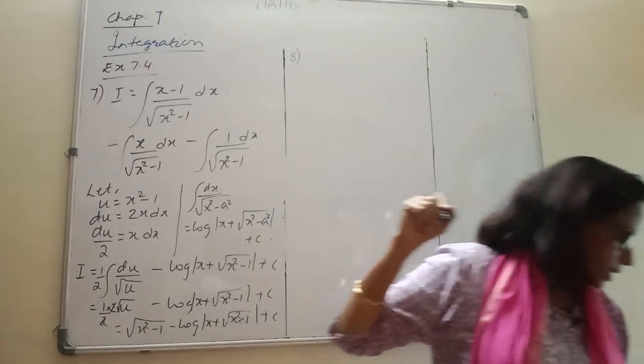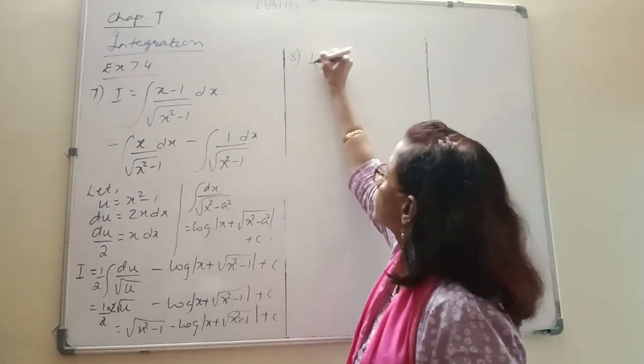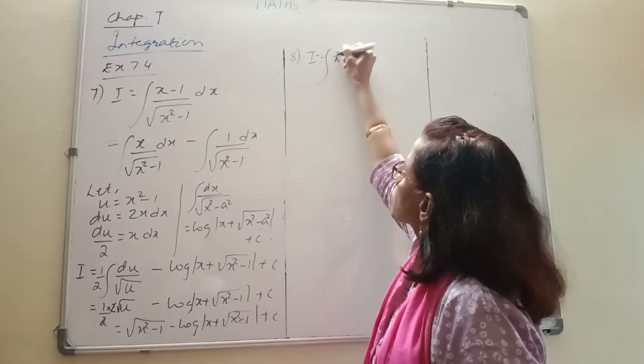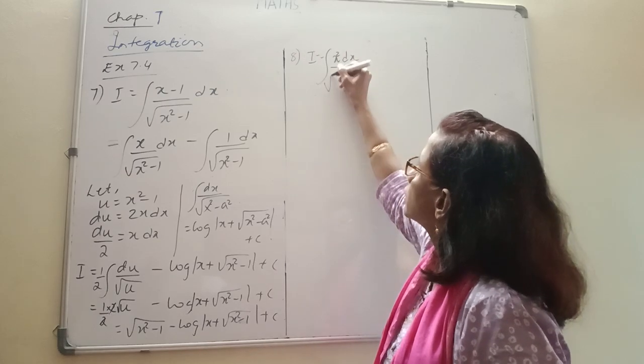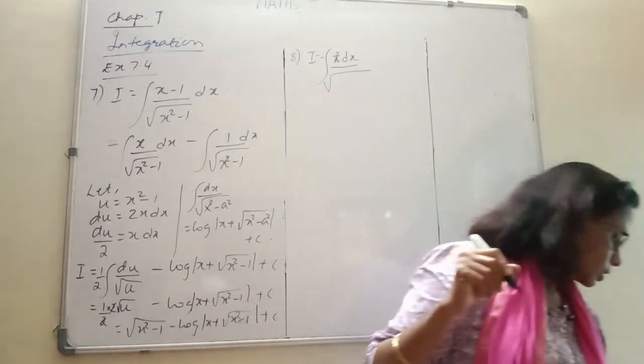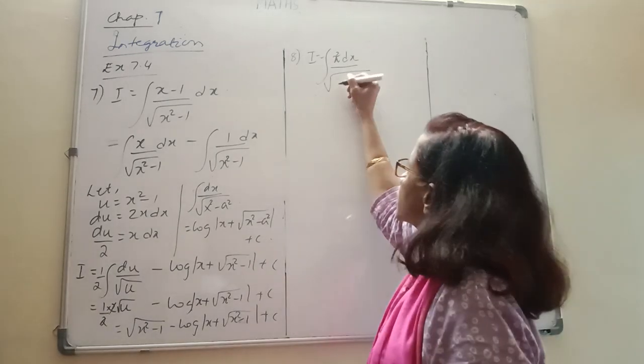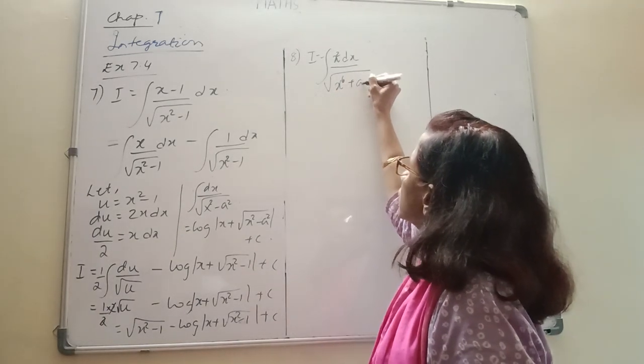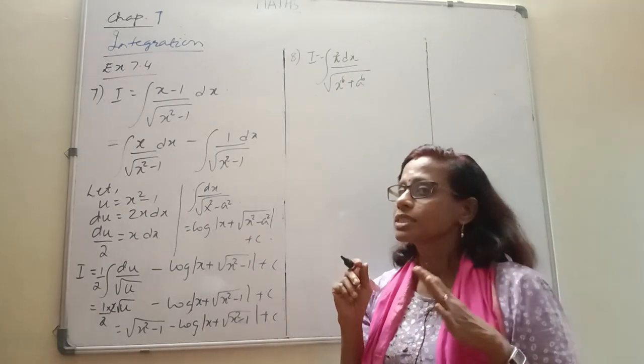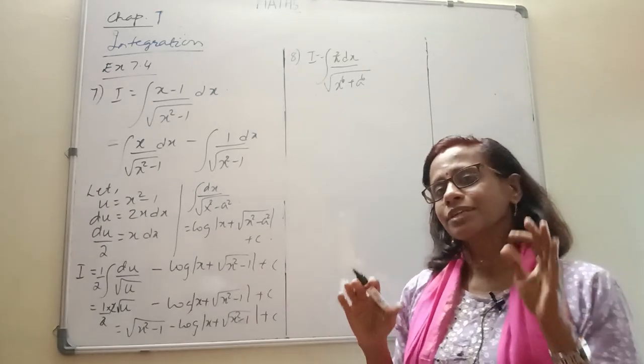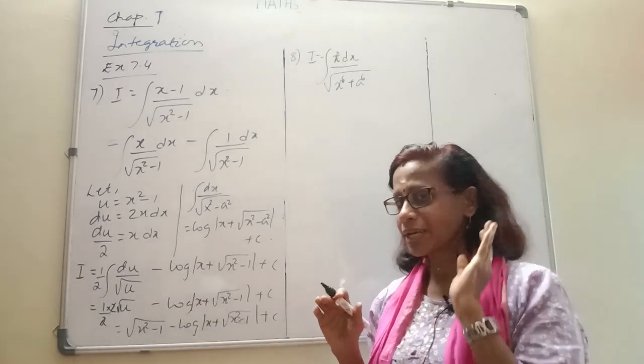The 8th problem says that it is x squared dx over root of x raised to 6 plus a raised to 6. We've always been taming ourselves with the idea that we should have a square so that we can apply this formula.